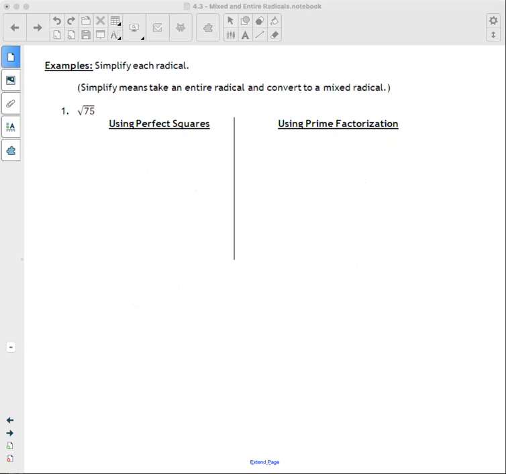And then if you're like, oh, I like perfect squares, or you're familiar with prime factorization, that's all good. There might be cases where one strategy is more efficient than the other, okay? But whatever strategy you decide to use is totally up to you.